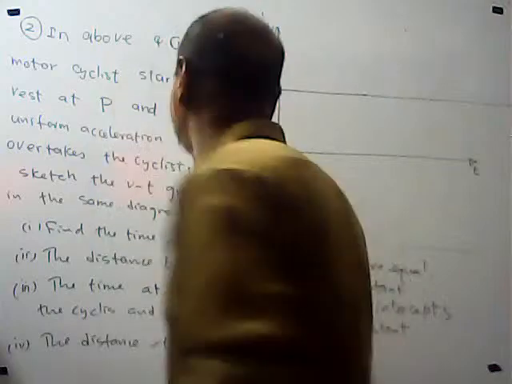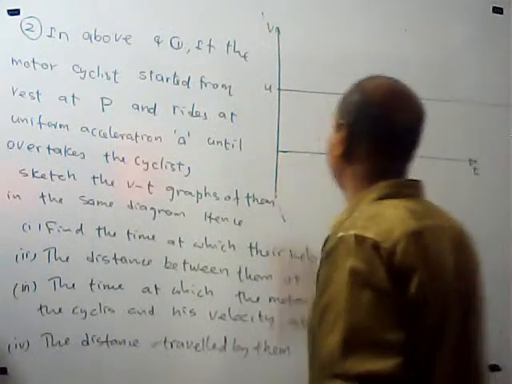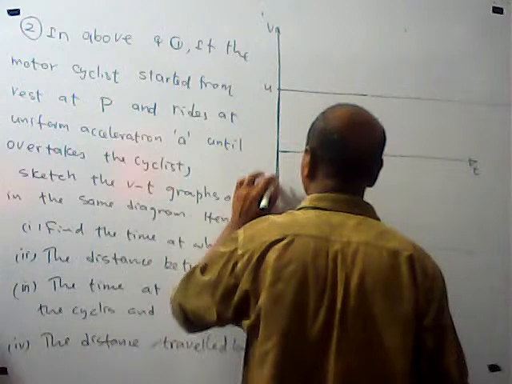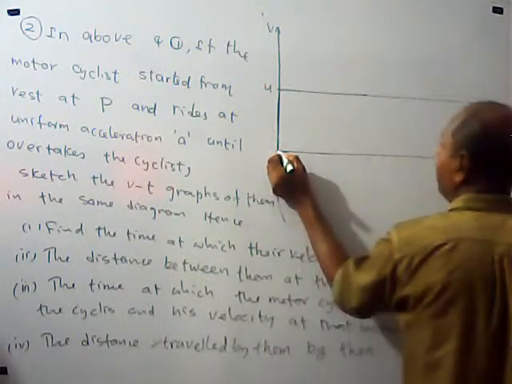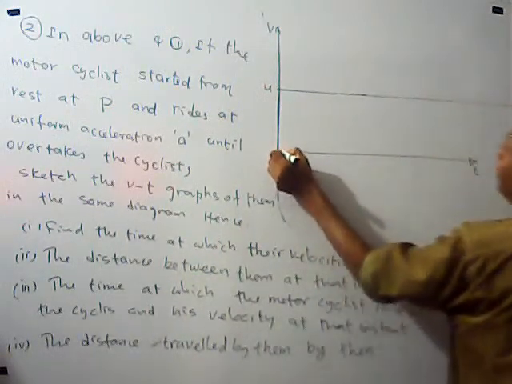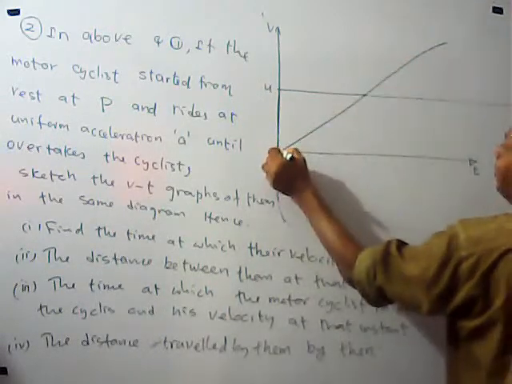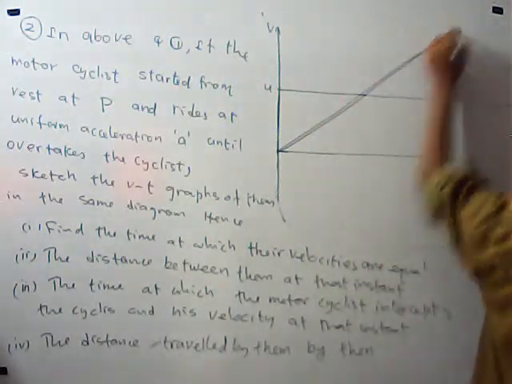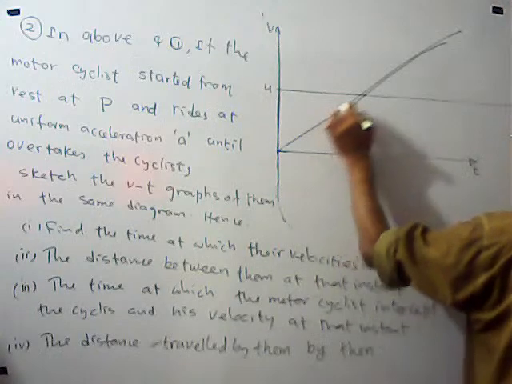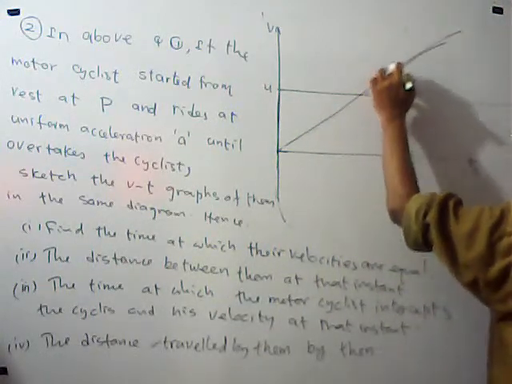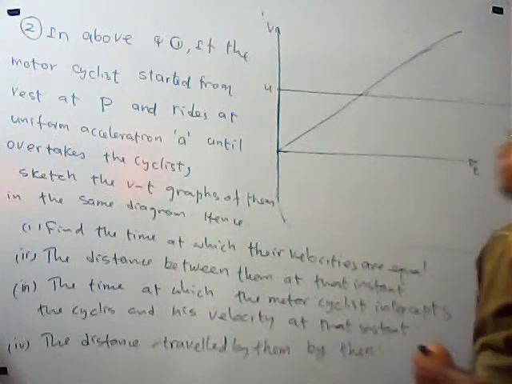So the graph starts from t equals 0 and velocity equals 0, riding at constant acceleration a. So it should be a straight line.